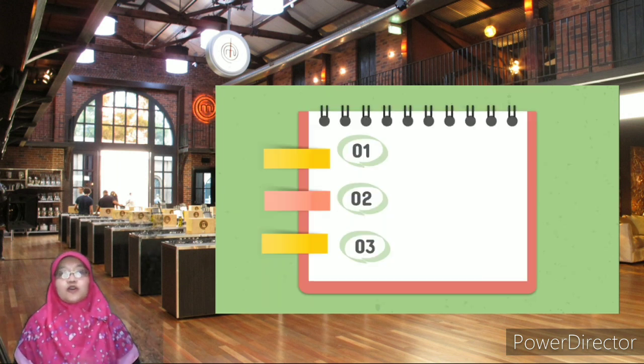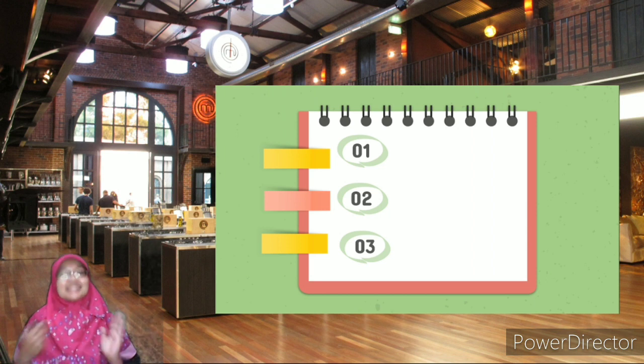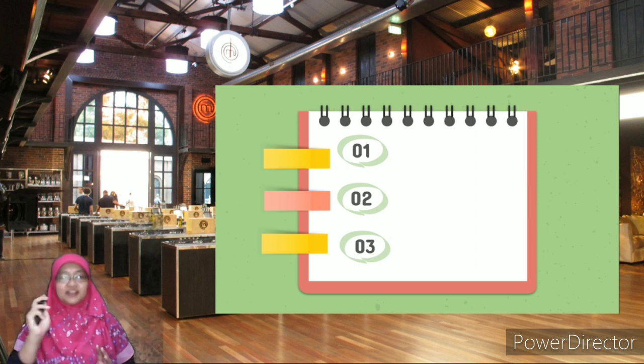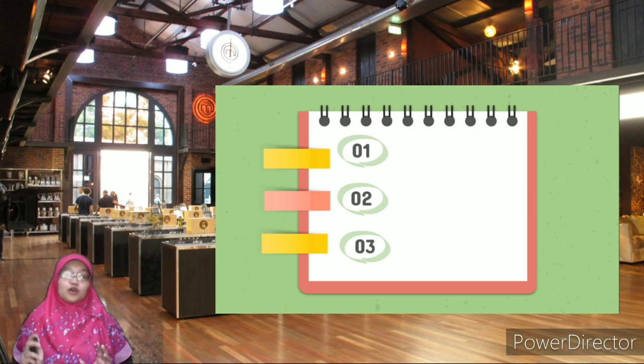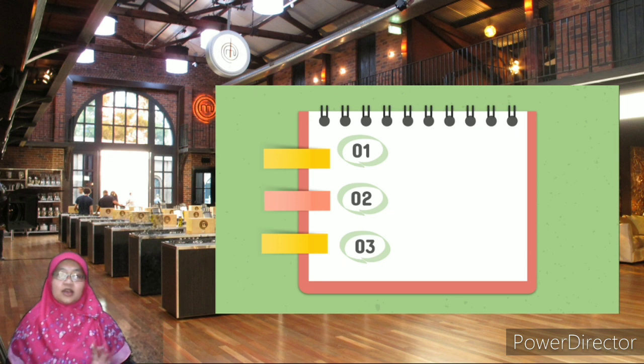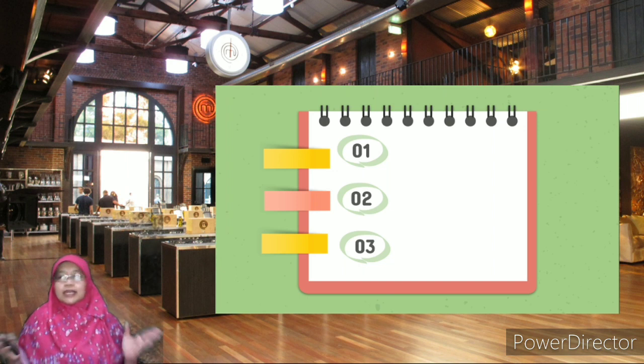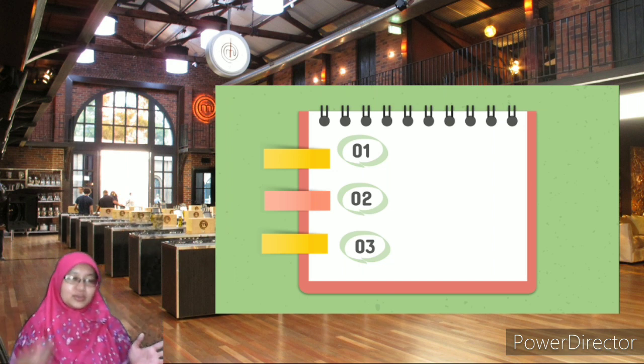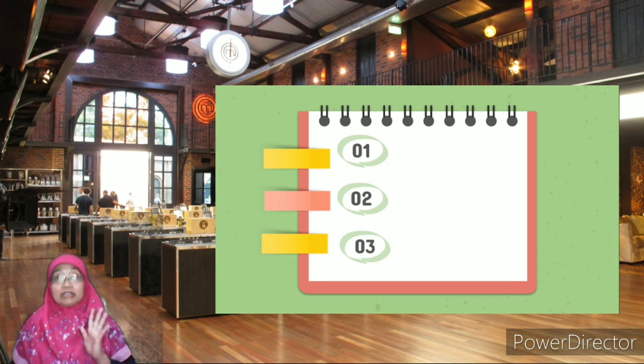Right. So now let's have the exercise to help you understand the difference between the imperative sentence and the passive voice. We've got 3 exercises here. No matter that it is 3, it will not take a long time for you to do the job. Believe me.